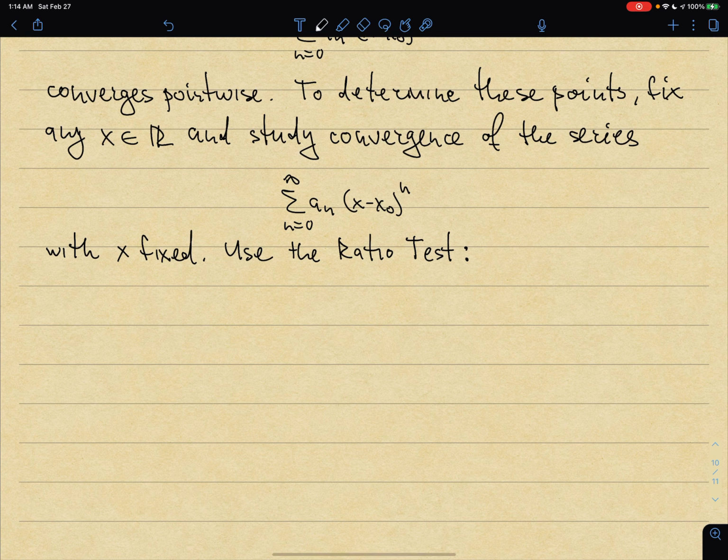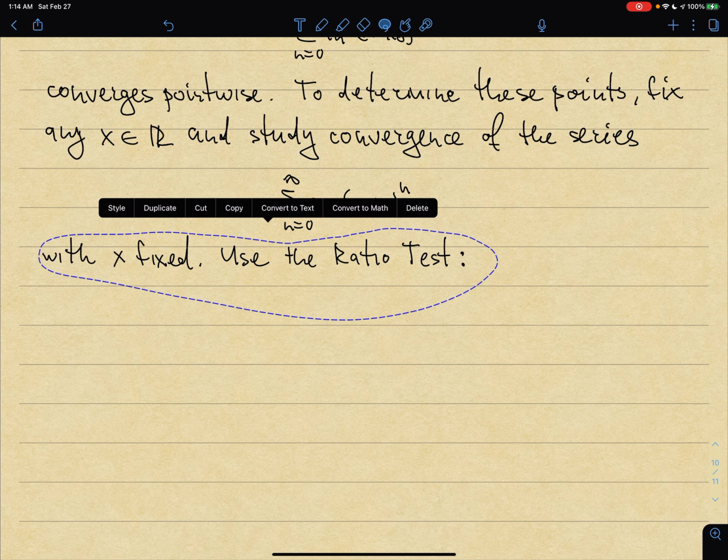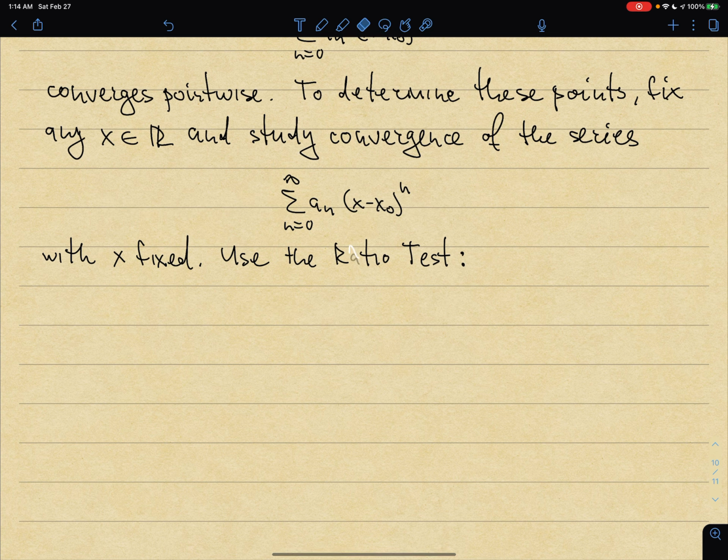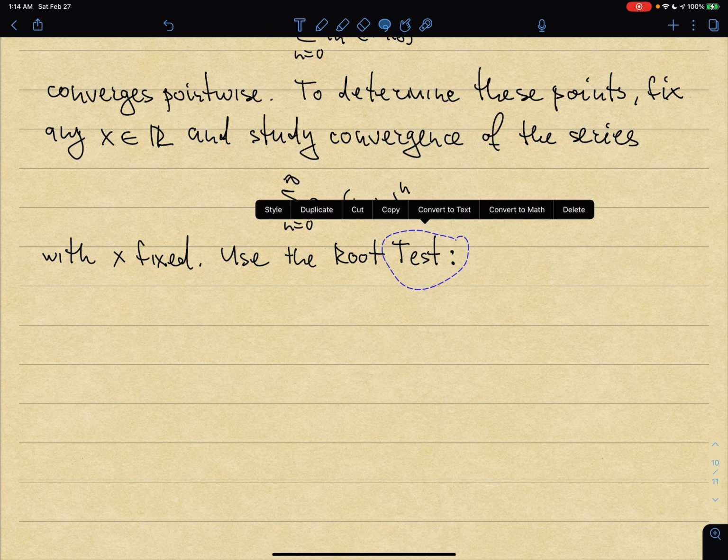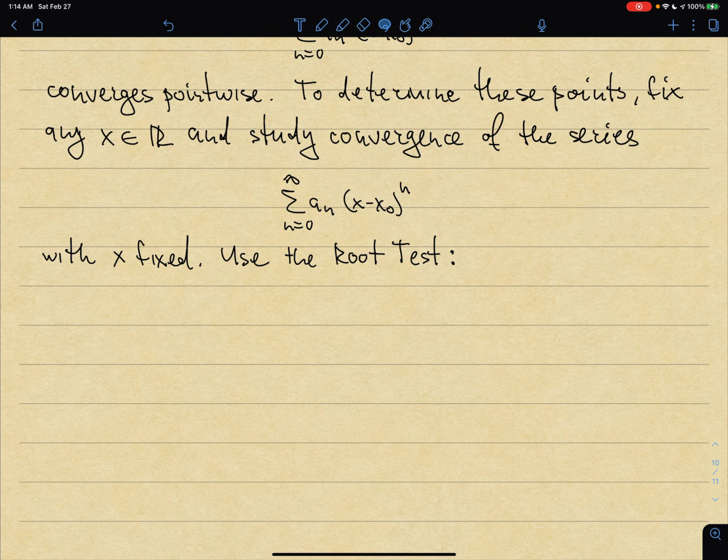And what does the ratio test require me to do? In principle, again, if the ratio test is too complicated, then of course we can use the other. I said a root test and I wrote a ratio test. So here I'm going to use a root test, but in general, the ratio test is as efficient as the root test in most cases.